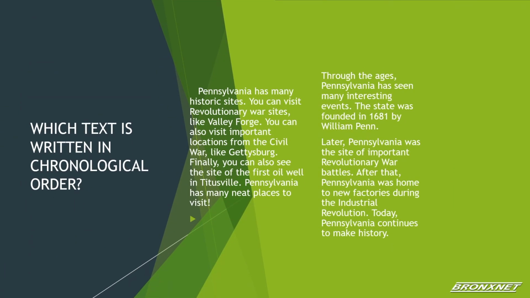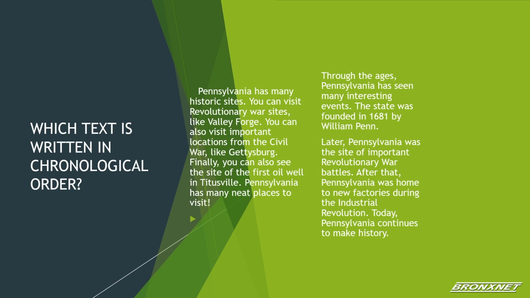Which text is written in chronological order? Pennsylvania has many historic sites. You can visit Revolutionary War sites like Valley Forge. You can also visit important locations from the Civil War like Gettysburg. Finally, you can also see the site of the first oil well in Titusville. Pennsylvania has many neat places to visit.